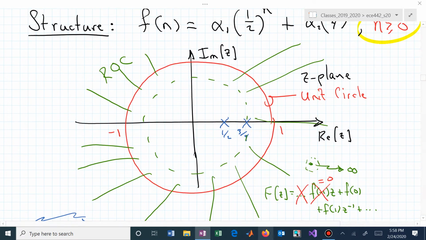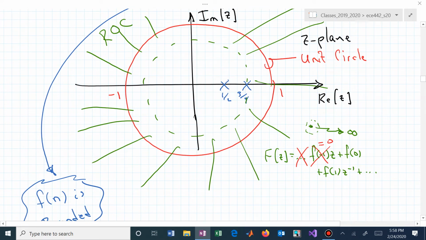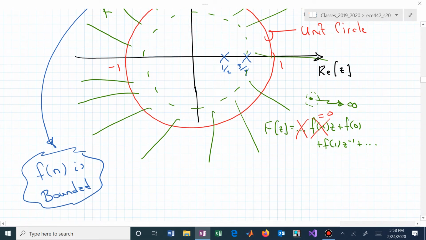And it's nice, in fact, when you can start looking at this from multiple directions and getting consistent results. You could also say, which was mentioned in the response to is f of n bounded, the response was, well, our region of convergence includes the unit circle.